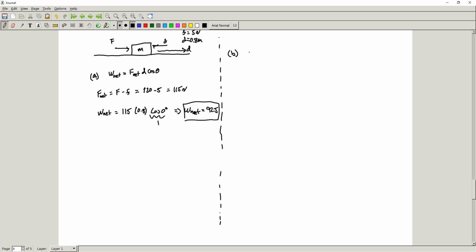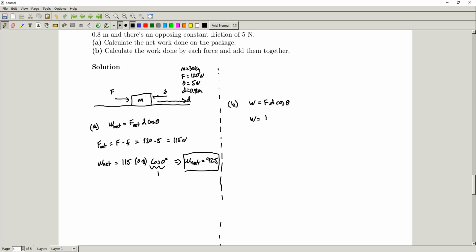Okay, so let's start off by calculating the work done by the applied force. What we call F here, we're just going to call the work done by that W, and that's going to be equal to F D cos theta. Well, W is going to be equal to the applied force, 120 newtons, times our displacement, 0.8 meters, times the cosine of the angle, and the angle between them is 0 degrees, right?